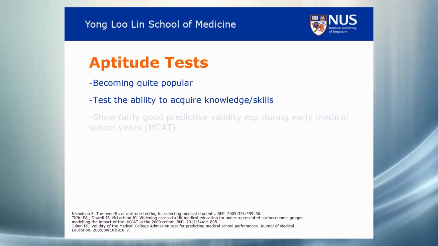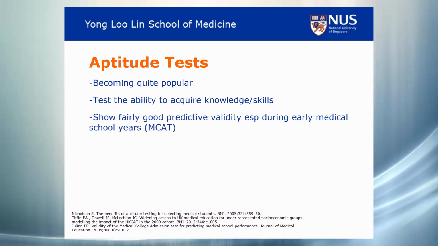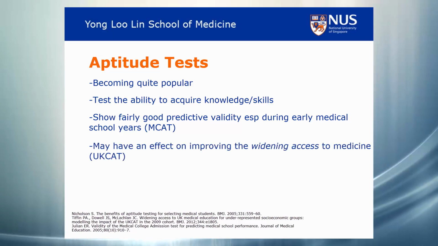And these show fairly good predictive validity, again during the early medical school years. This is quite strong. One of the strong points for including aptitude tests is that studies show it may improve widening access to medicine, because it does not have this issue of being coached for a particular essay or test.